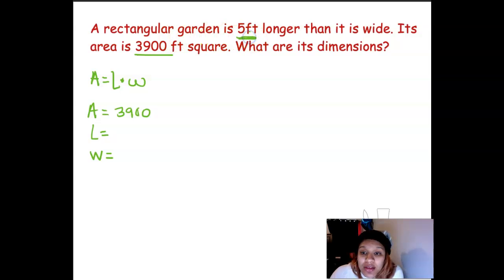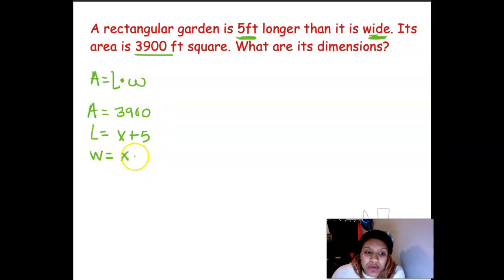So the length is 5 feet longer than whatever the width is, meaning we do not know the width. So 5 feet longer will be x plus 5. It is easier to always find what it is that you don't know, because based on what you don't know, you'll build the other expressions, such as x plus 5.